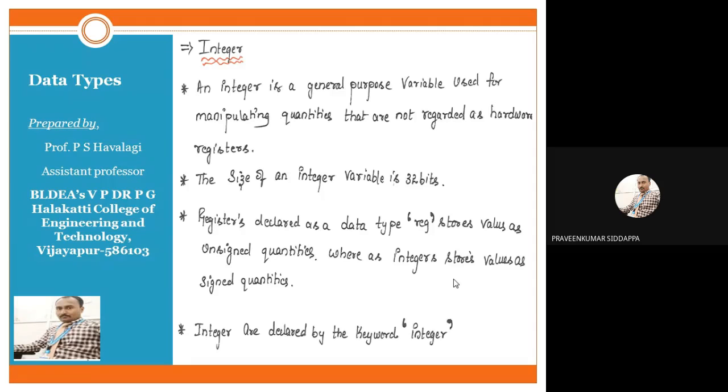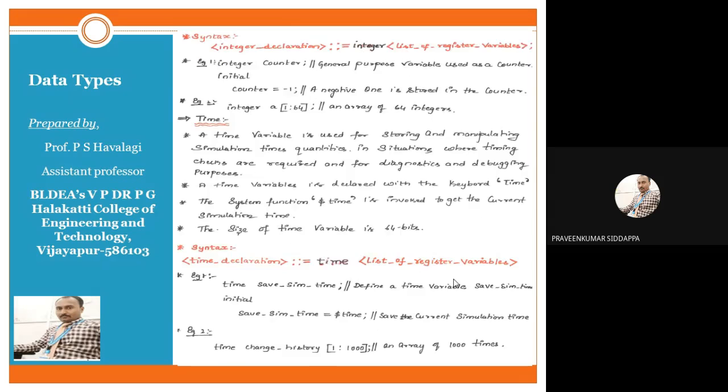Integers are declared by the keyword integer. So if the keyword integer is present in your code, then we are providing an integer value. Then we'll move to some examples.